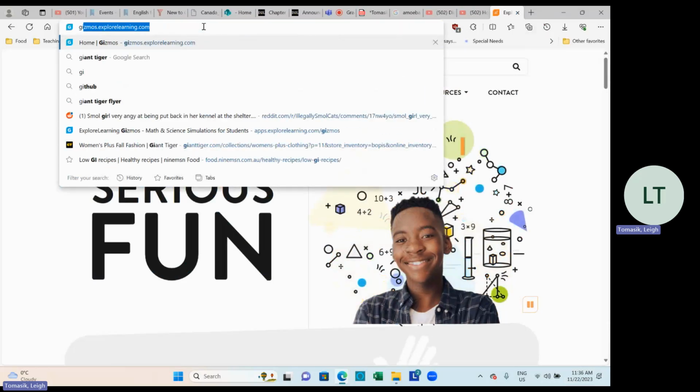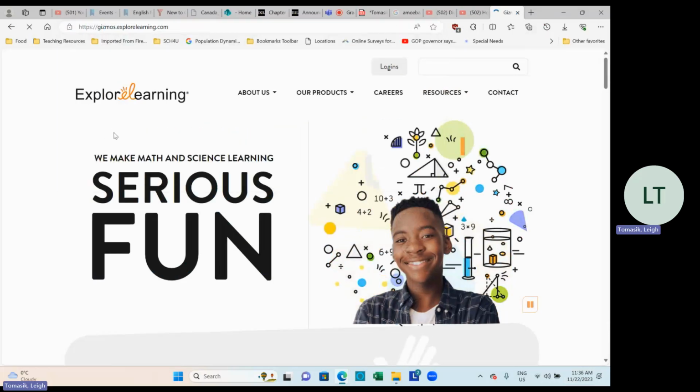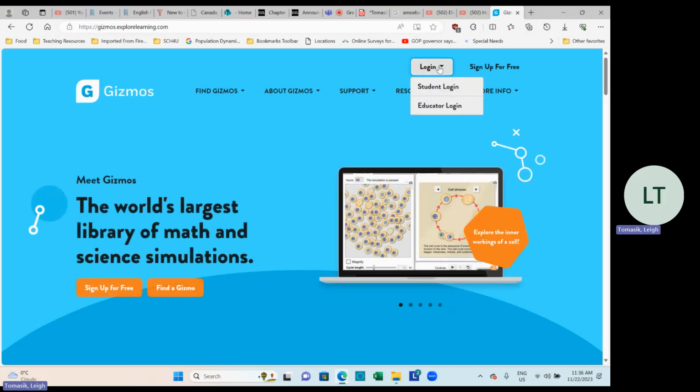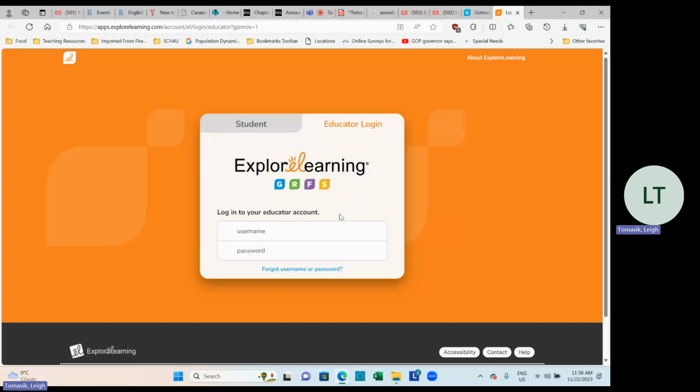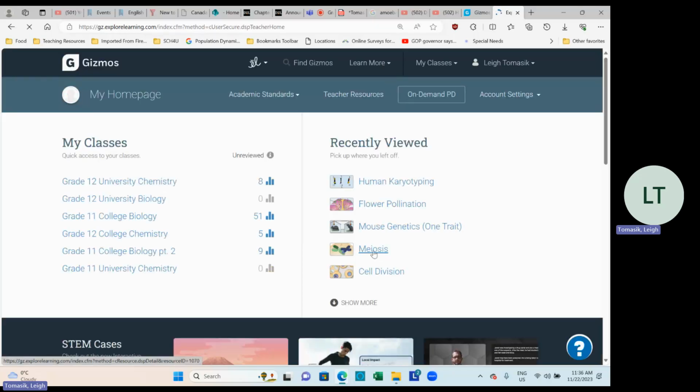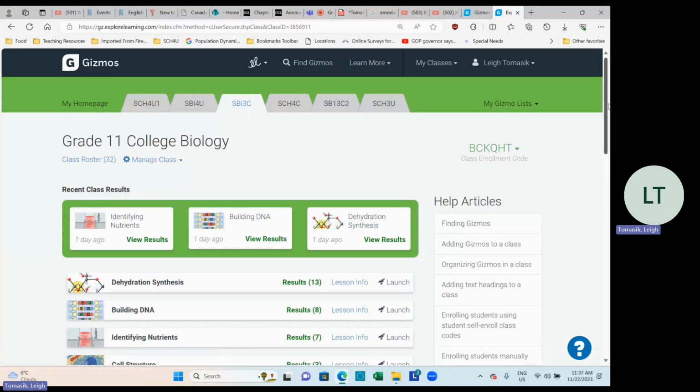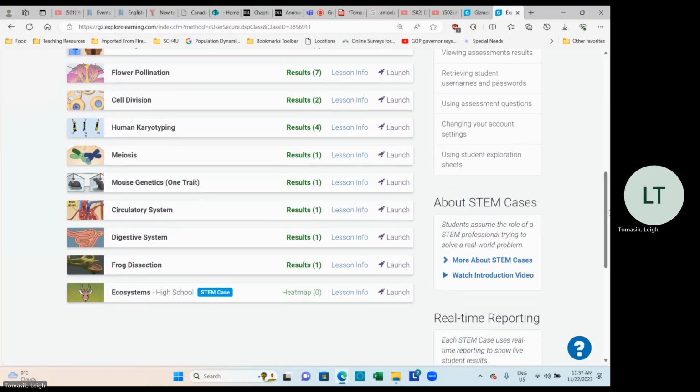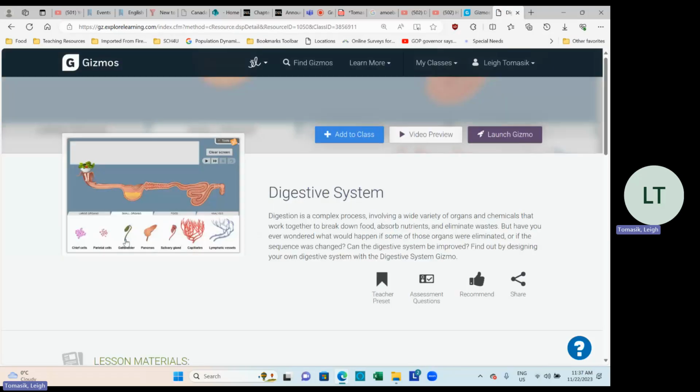go to Explore Learning, and there is a digestive system gizmo, right? Time might be tight for you, so I can understand if you just want to try it without the gizmo, but if you need a little bit of something extra to help you understand the digestive system, there is a gizmo down here on the digestive system.